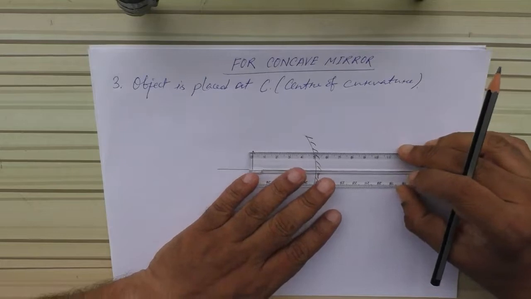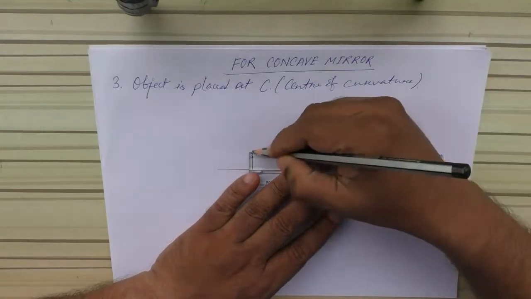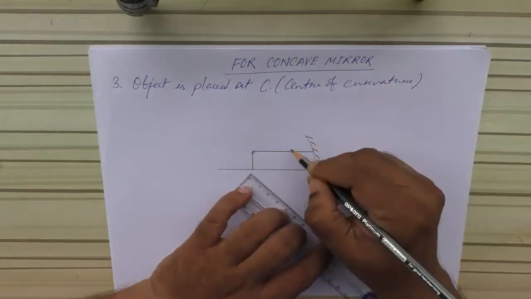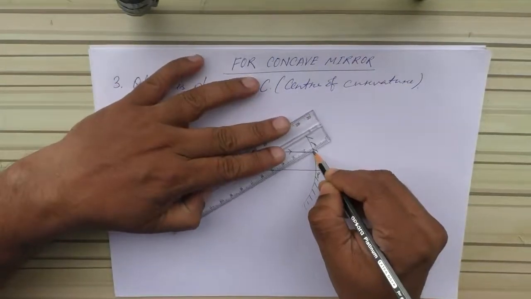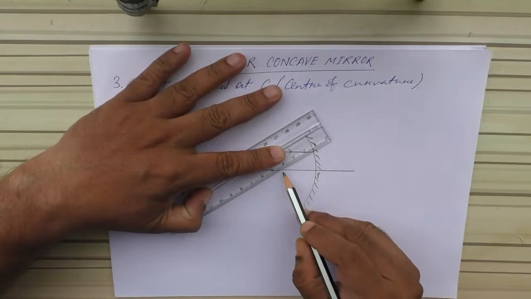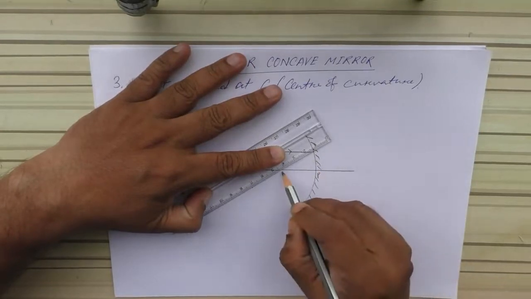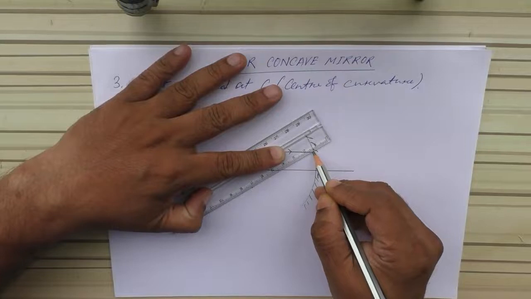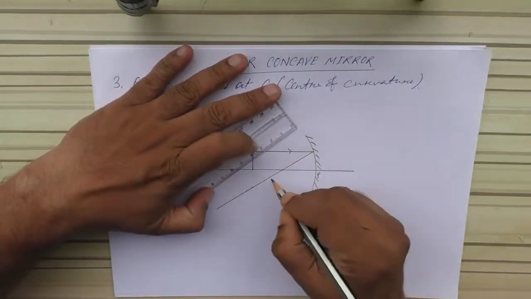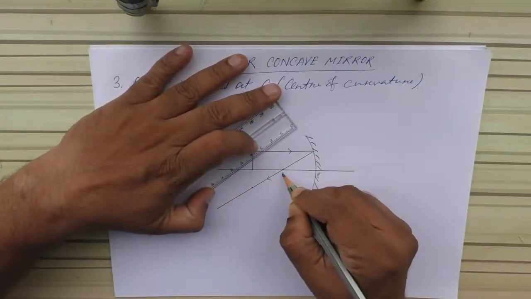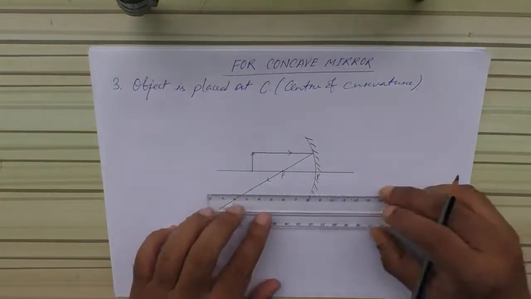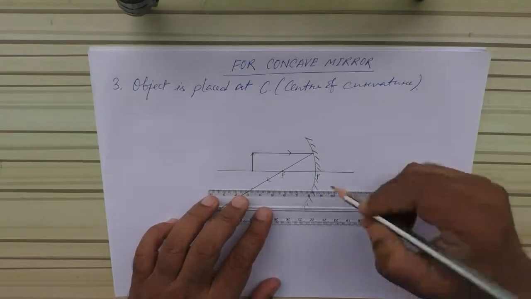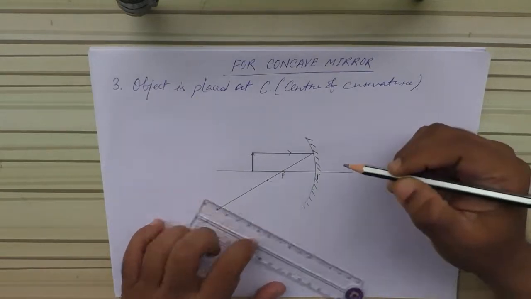So a ray of light incident parallel to the principal axis. If a ray of light incident parallel to the principal axis, the ray of light passes through focus. For convenience I am not marking focus at first, but we know that it should be the midpoint, and after reflection this light ray passes through focus and should touch this point. And if you can mark this point, it will be convenient for you.